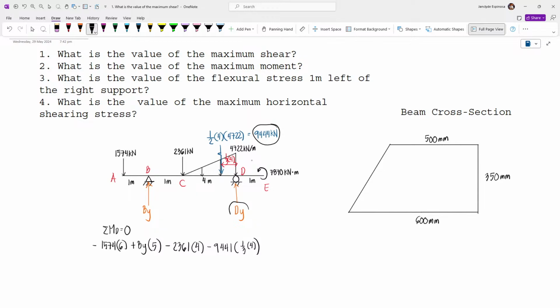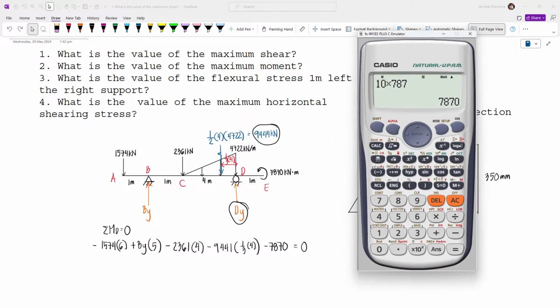And then DY will be excluded since it is at our moment point. And then we have minus 7870 because this is counterclockwise. So we set this to 0. Again, this won't have a moment arm because it is a moment load.